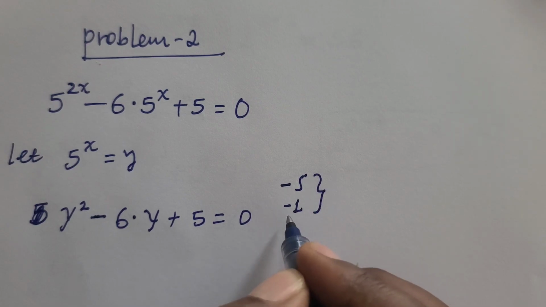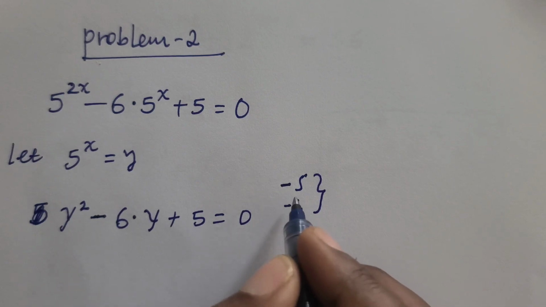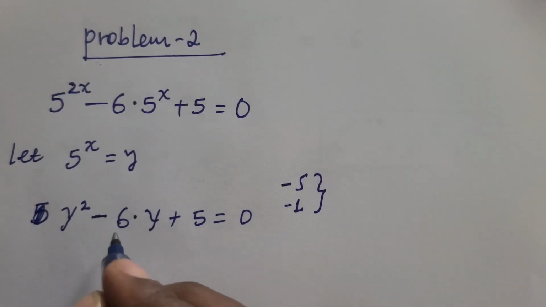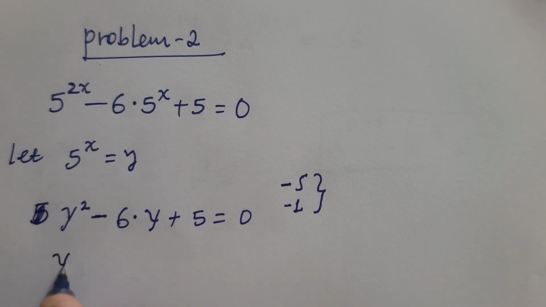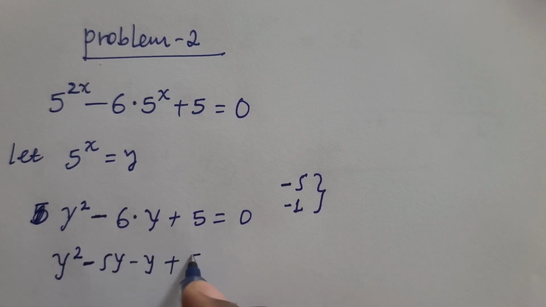If you multiply them, minus 5 times minus 1, that is 5. Minus 5 plus minus 1, that is minus 6. Therefore, y squared minus 6y means y squared minus 5y minus y plus 5 equals 0.